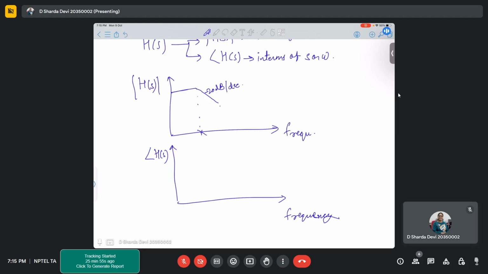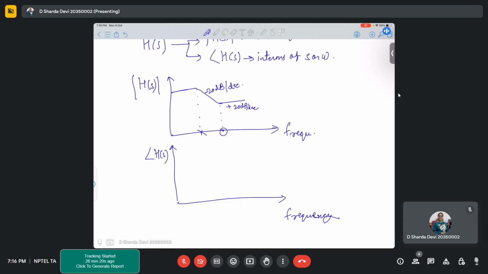Whereas when you encounter a zero, you will observe a positive 20 dB per decade slope. So a negative 20 dB slope and a positive 20 dB slope nullify each other, and ultimately you are getting a 0 slope, right?